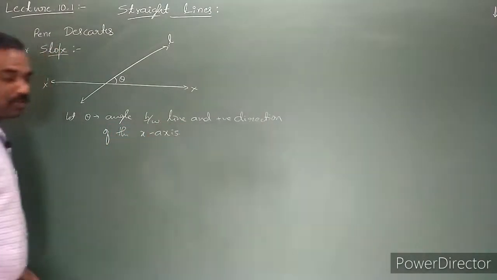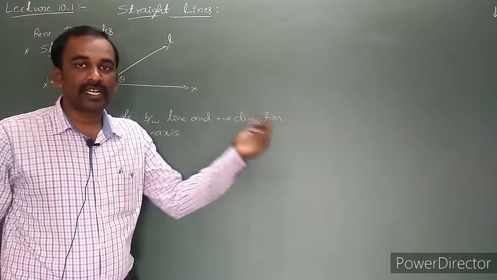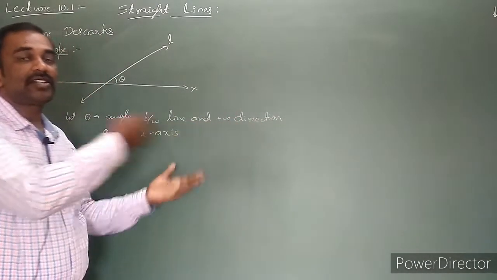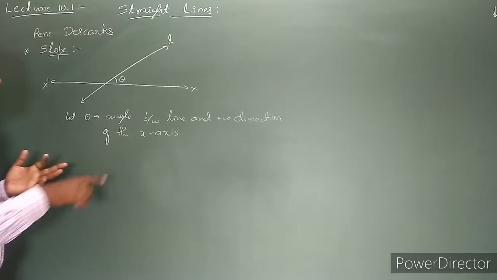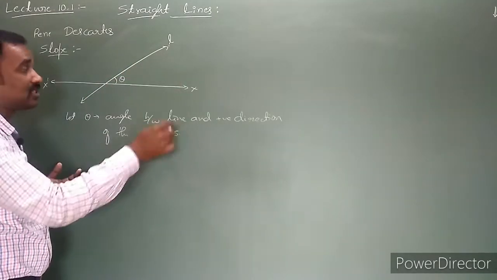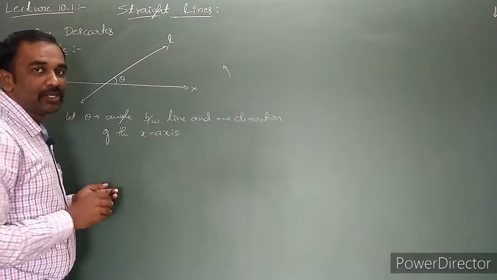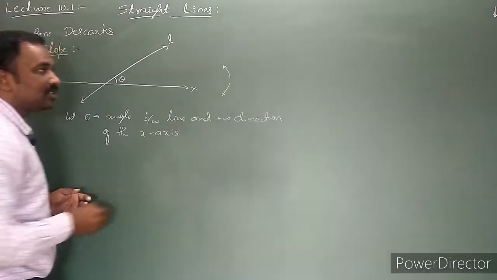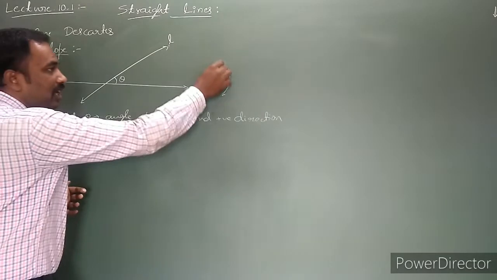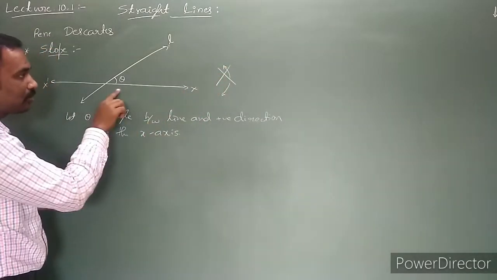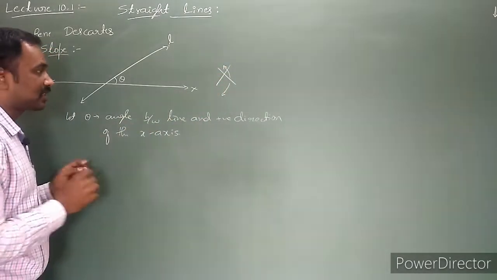This condition is very important. If you measure the angle in this direction, it is the positive direction. If you measure the angle in this direction, it is the negative direction. I am not talking about this one. I am talking about the positive direction of the x-axis.